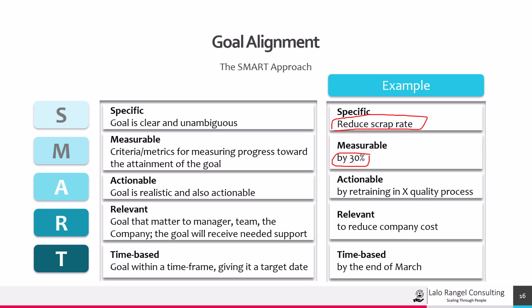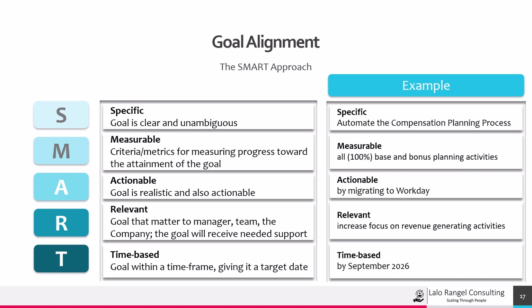It's actionable and you can execute on this goal because you can retrain employees in specific processes. It's relevant, and again, it's important to the company because it's going to reduce company cost, and you can have a specific completion date, which is, this goal is time-based because you should complete it by the end of March.